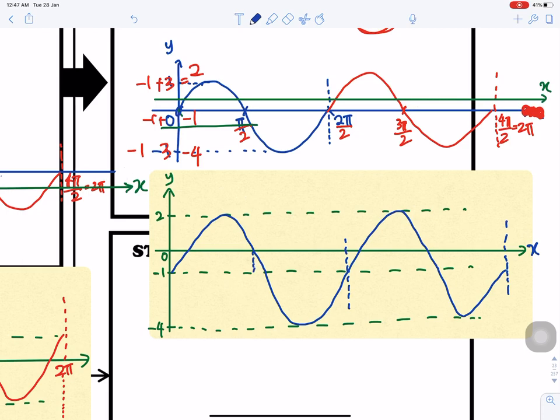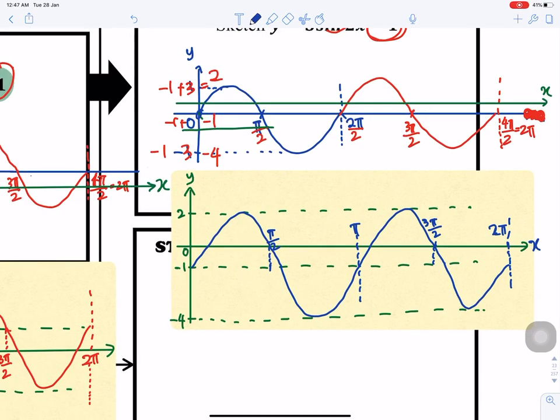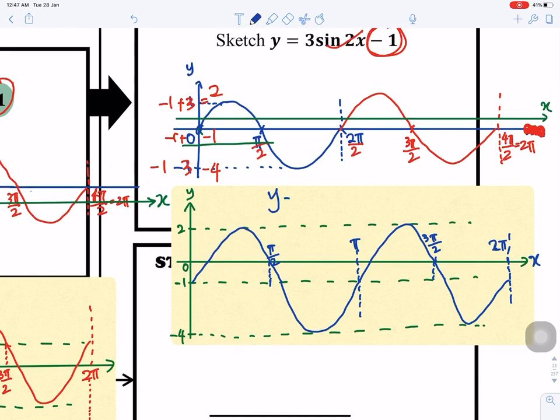So this is for the lines pi over 2, pi, 3 pi over 2, and here 2 pi. Alright, so now you complete sketching y equals 3 sine 2x minus 1.